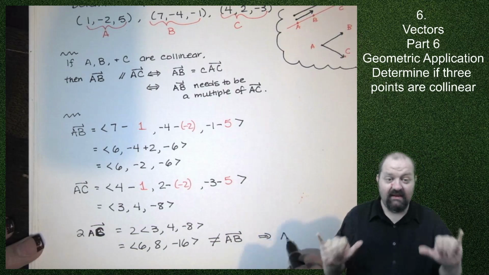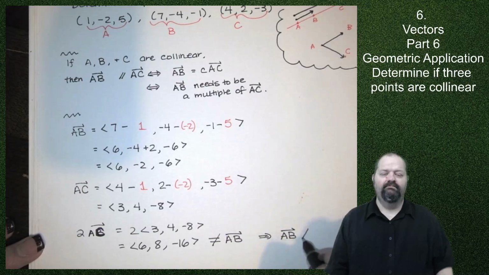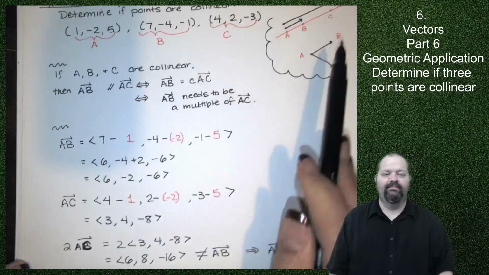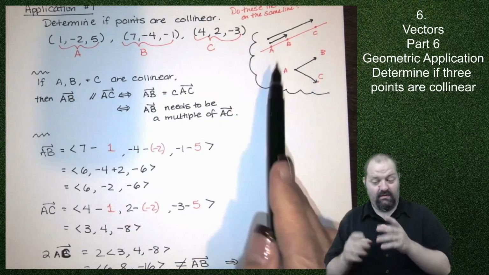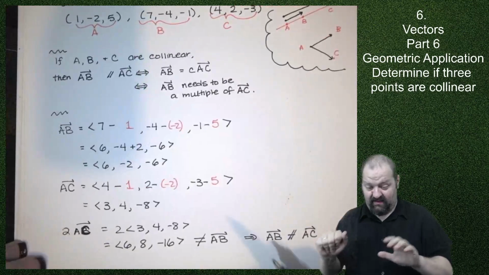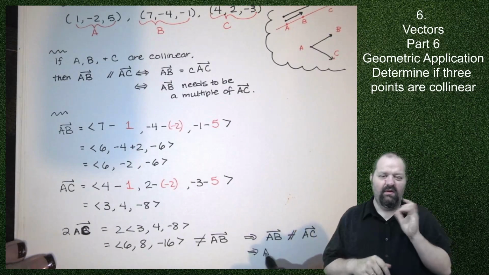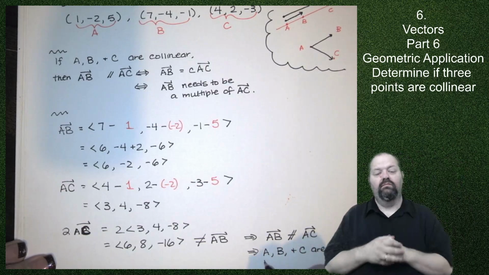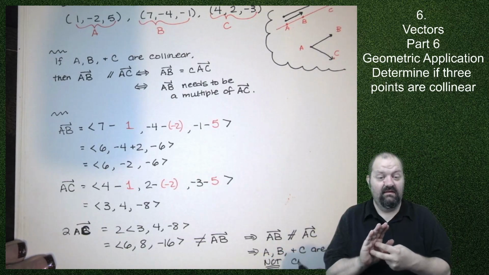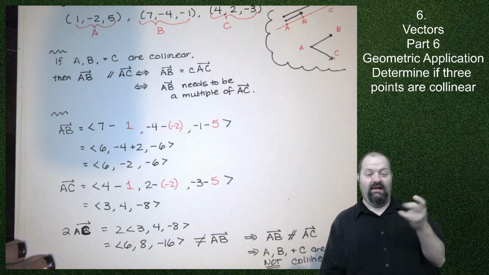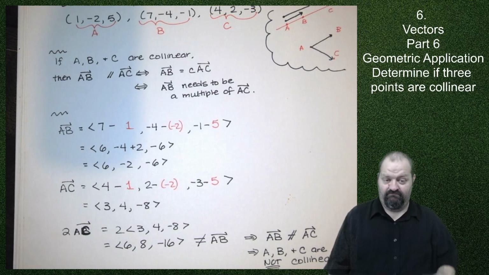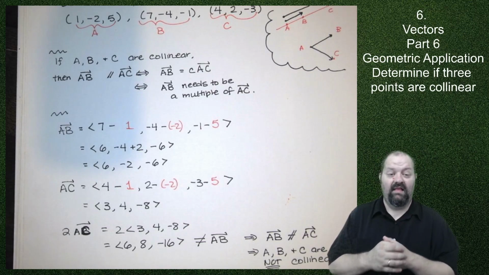So that means AB is not parallel to AC. And look at our pictures. If AB and AC are not parallel, it's going to be something more like this in 3 dimensions. So A, B, and C are not collinear. All right, that's one of our applications.